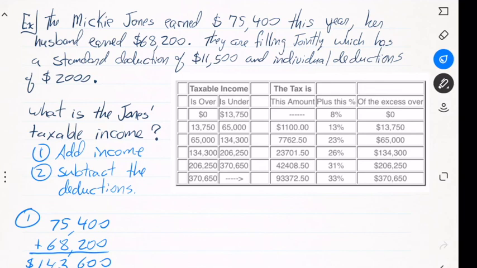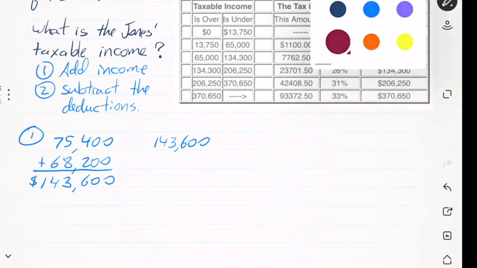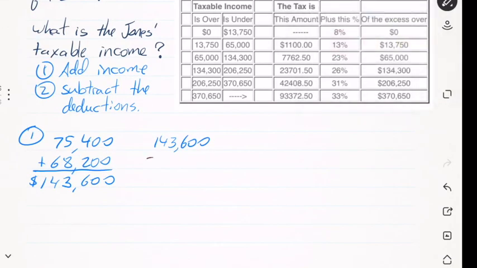All right, and then from that, we're going to take away the standard deduction, which is 11,500, and we're going to take away the individual deductions. Now, be really careful about this. Individual deductions means per person. So Nikki is going to save $2,000 off of her income, and so is her husband. So we're going to subtract two of them.